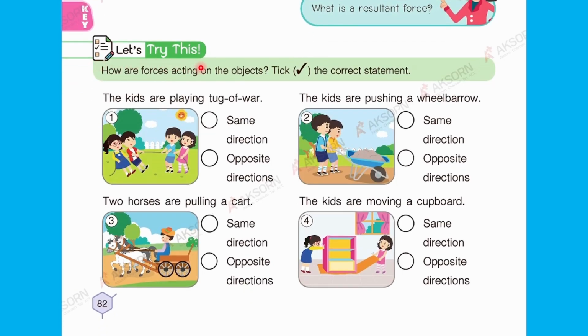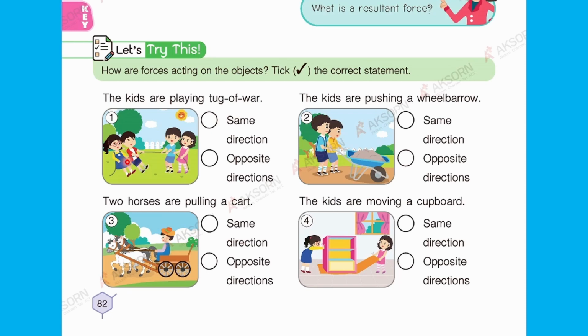Let's try this. How are forces acting on the objects? Tick the correct statement. The kids are playing tug of war. What way is the force going?